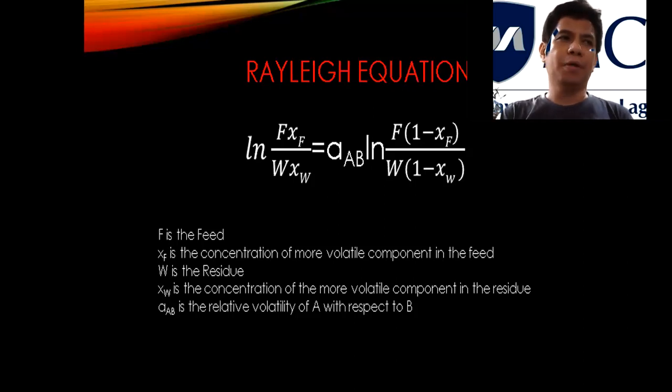So if you still remember your chemical engineering calculation, in distillation you have six variables: F and xF, that is your feed, the concentration of the feed; D and xD, the distillate and the concentration of the distillate; and then waste W and xW, the concentration of your waste.